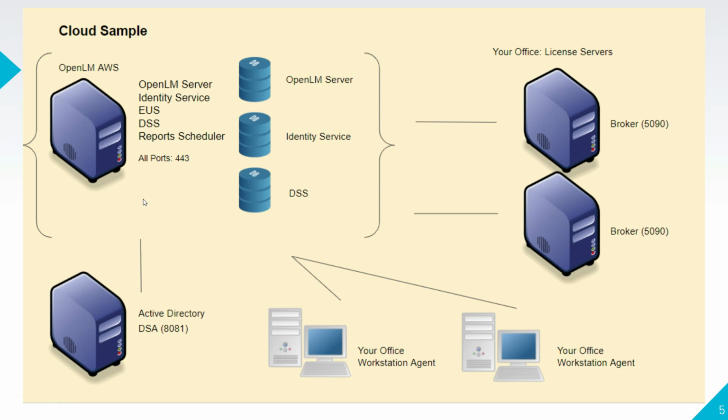Those data will be sent to the DSS, and the agent broker will send to the OpenLM server. So the logic is the same, but these components are already pre-installed in the AWS, so you don't have to care about it.